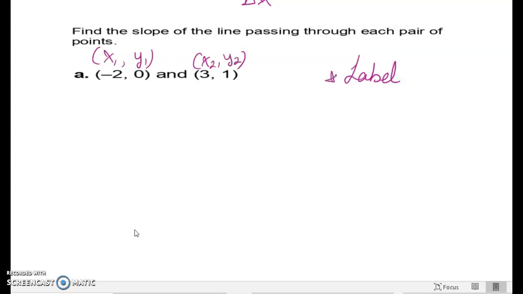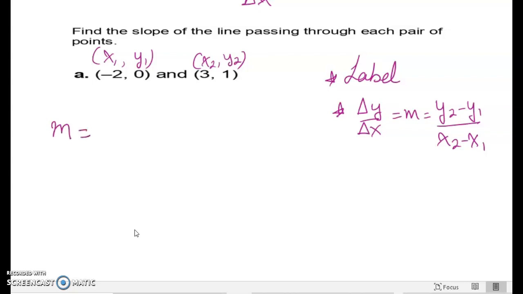Second thing, write the equation. That means change in y over change in x, which is nothing but slope, and I can find it by y2 minus y1 over x2 minus x1. Now I have all the settings done. Let's find it out.